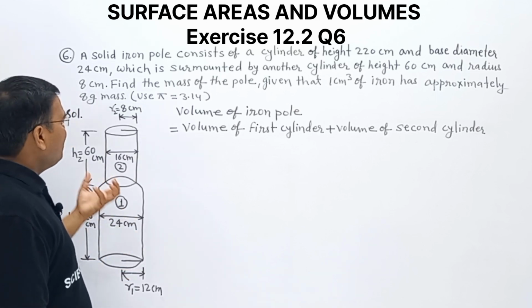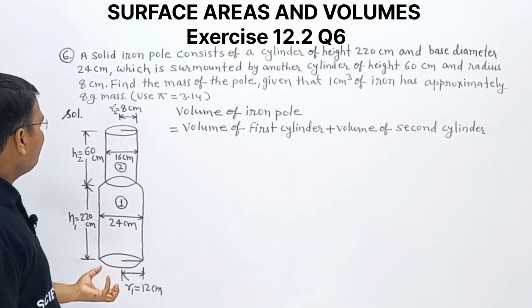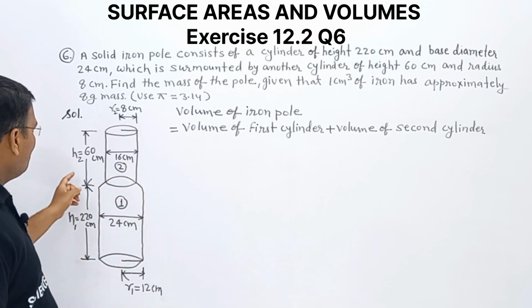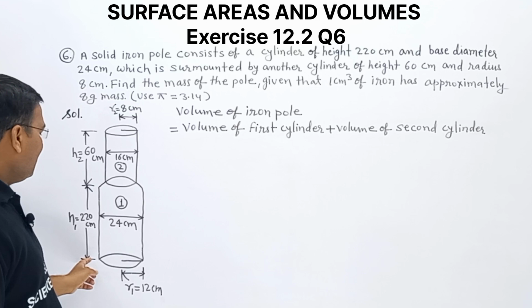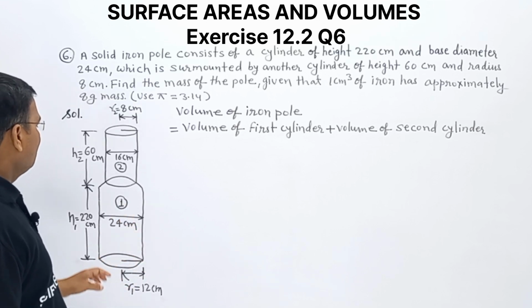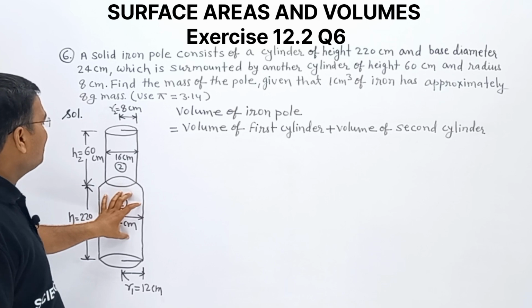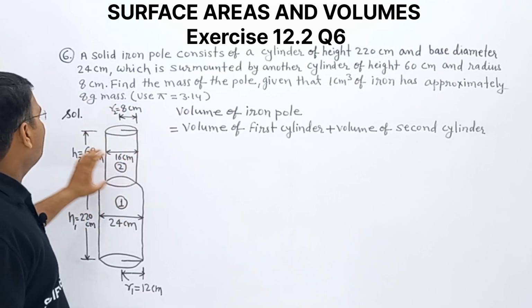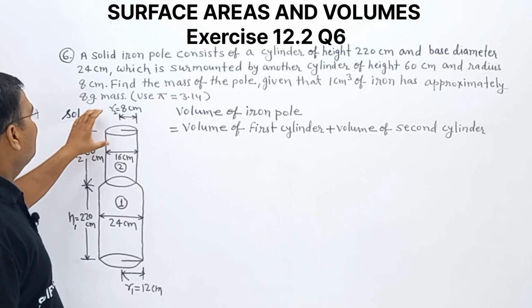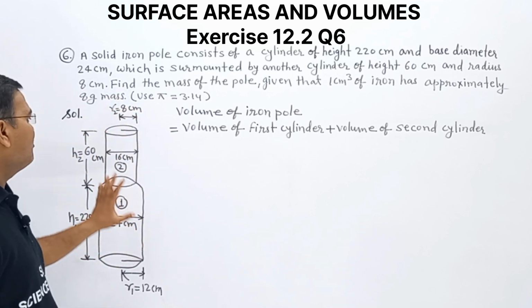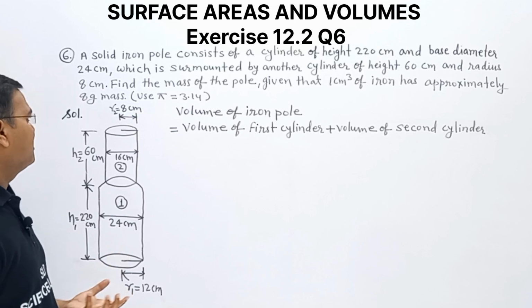Observe what we are having in the question: one solid iron pole, height 220 centimeter and base diameter 24 centimeter, which is surmounted by another cylinder having height 60 centimeter and radius 8 centimeter. Then we are getting this type of figure.